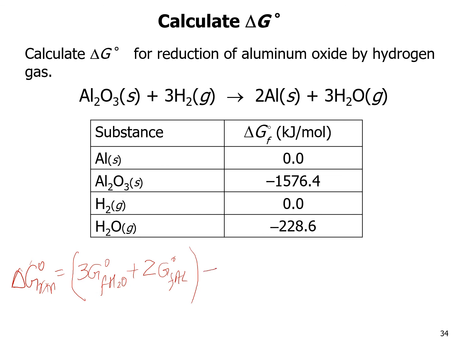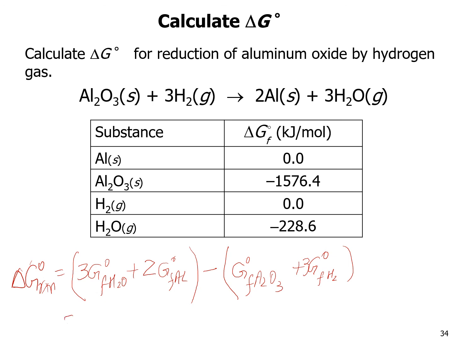minus reactants. So the sum of the reactants: the first reactant is Al2O3, which is only one mole, so it's going to be G naught f for Al2O3 plus G naught f for hydrogen. In this case we have 3 moles of it, so it's going to be 3 times G naught f for hydrogen gas, which in this case is 0, so it makes it easier.